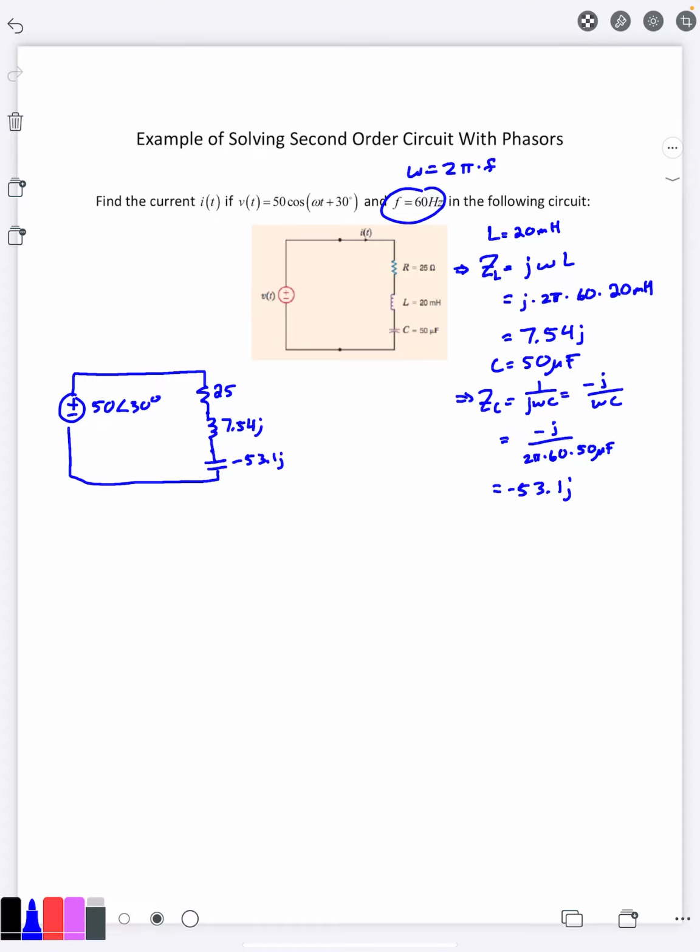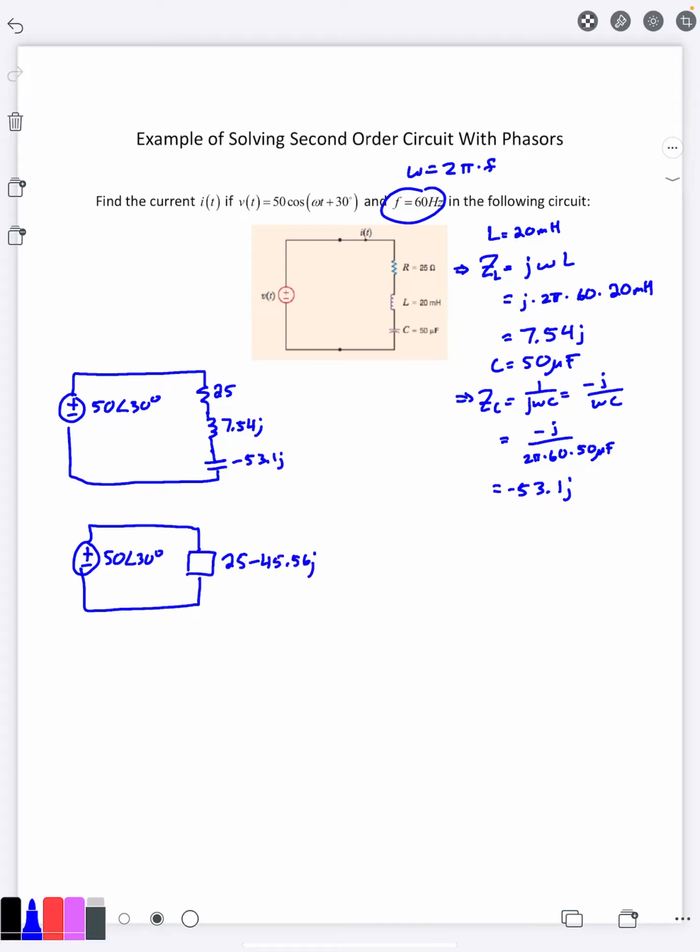Notice that since they're all in series, they're going to add together, which means we will get a combined impedance of 25 for the real part and 7.54 minus 53.1 for the imaginary part, which is minus 45.56 j.